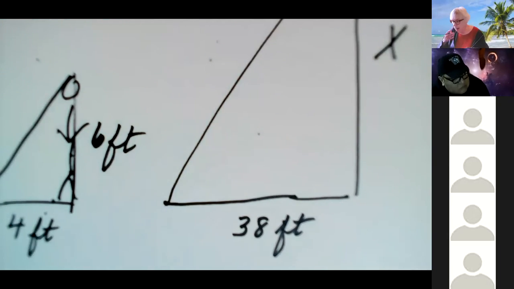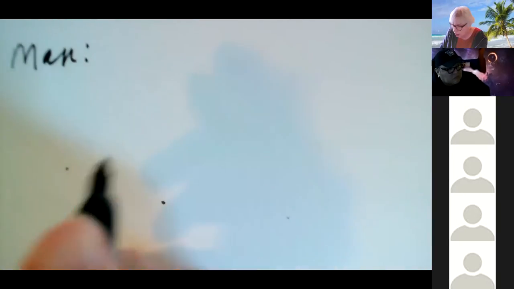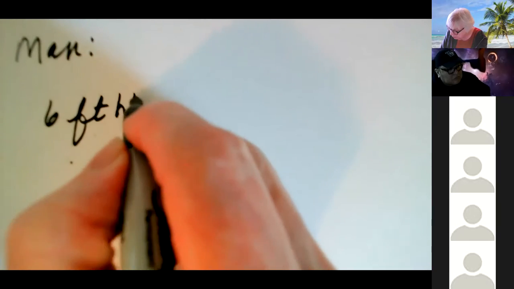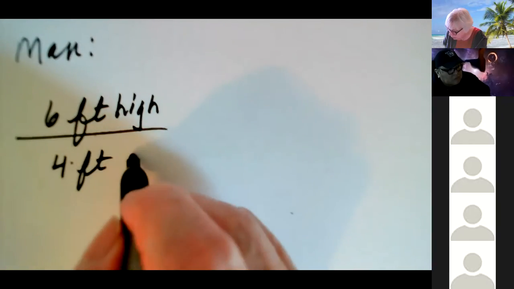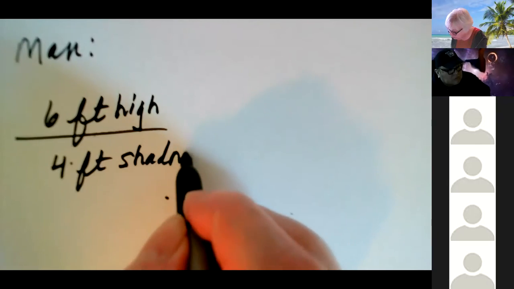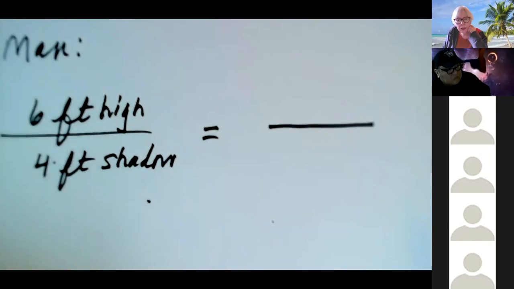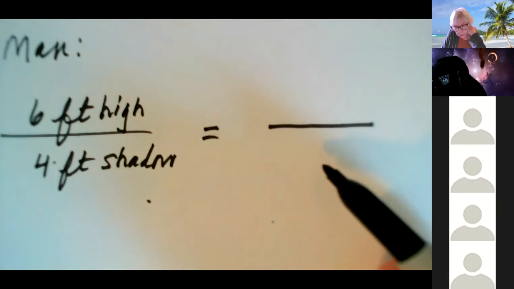Can this be set up? Let me suggest. So this will be the man on this side. So it's 6 feet high, 4-foot shadow. Can anybody suggest what goes here and what goes here?